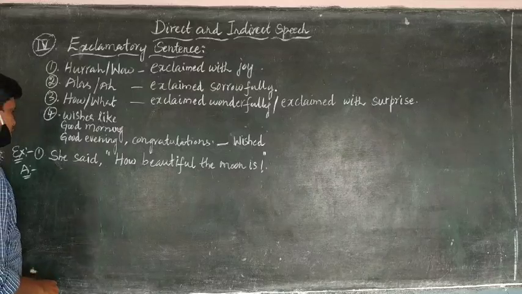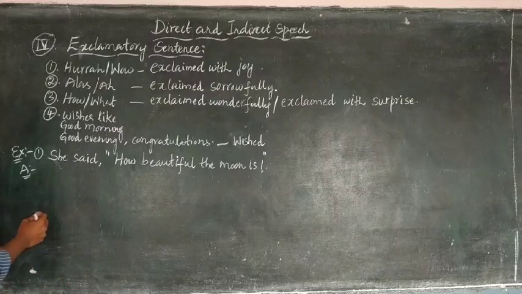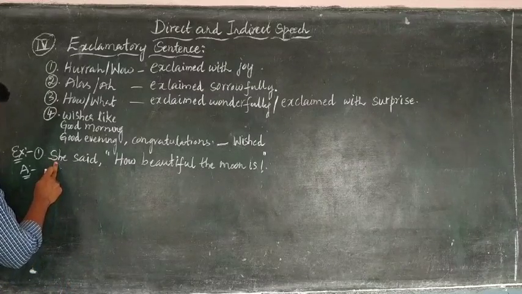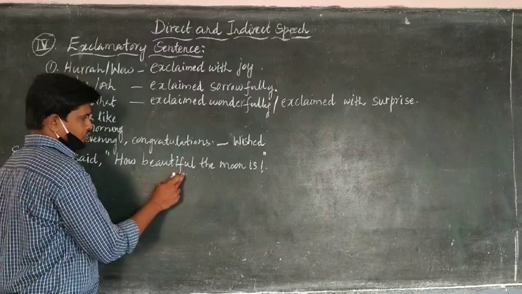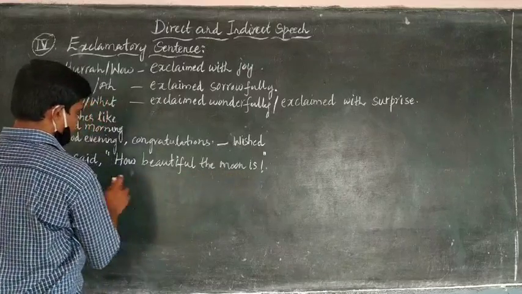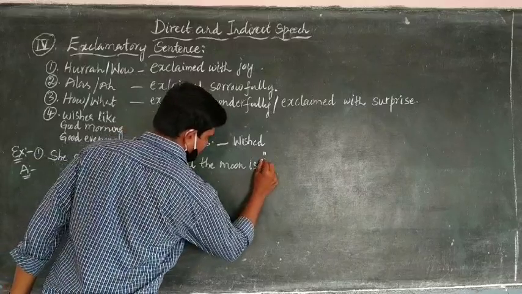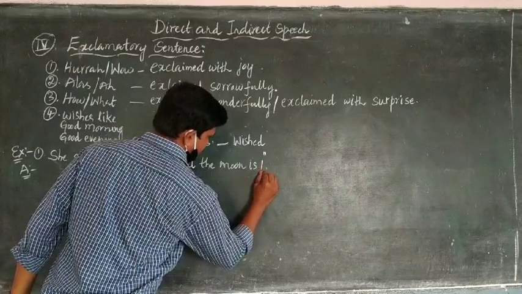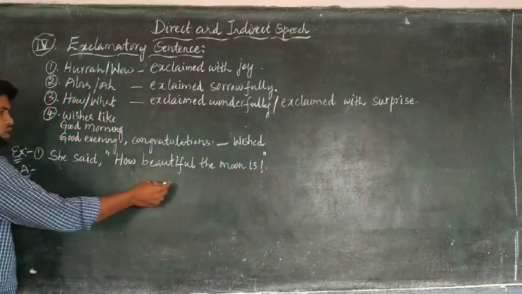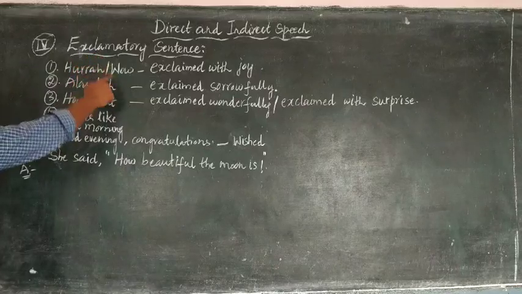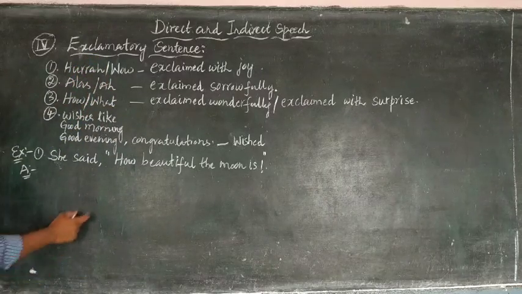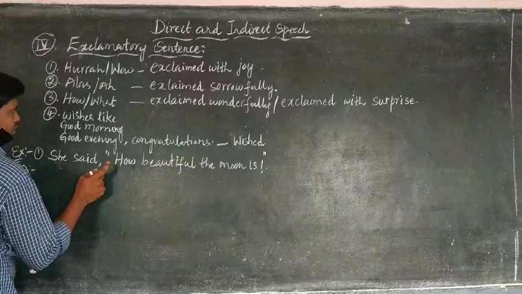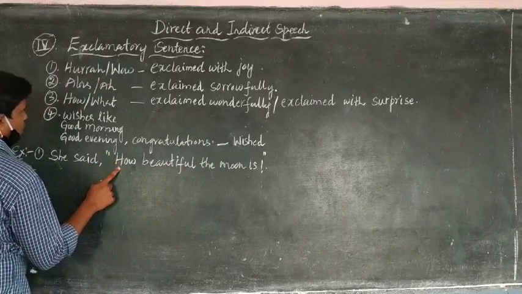Okay, right. Now see how we should change. First, she said, how beautiful the moon is. How beautiful the moon is. Here the exclamatory mark is there. That's why you must think it belongs to an exclamatory sentence. Okay. Right. So it is an exclamatory sentence and especially it starts with how.